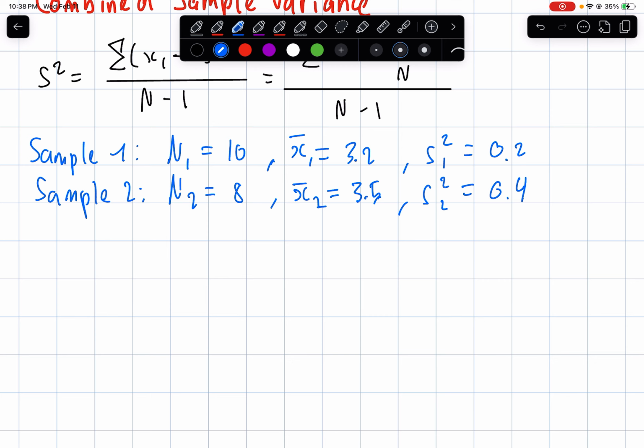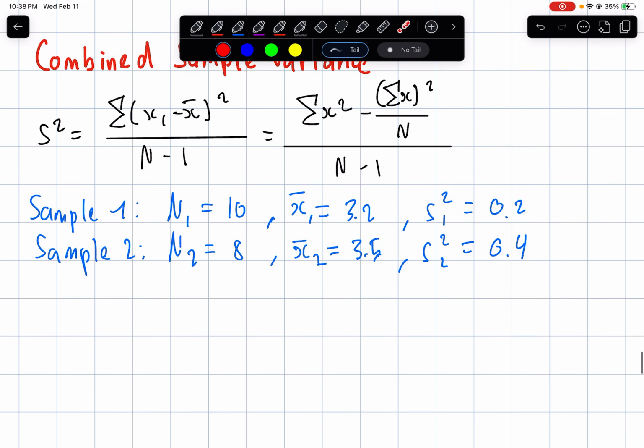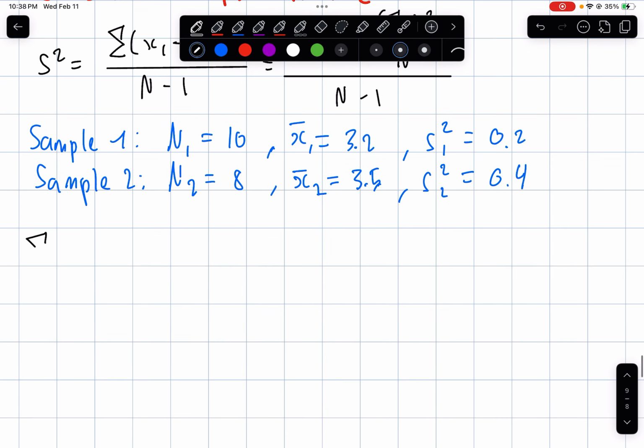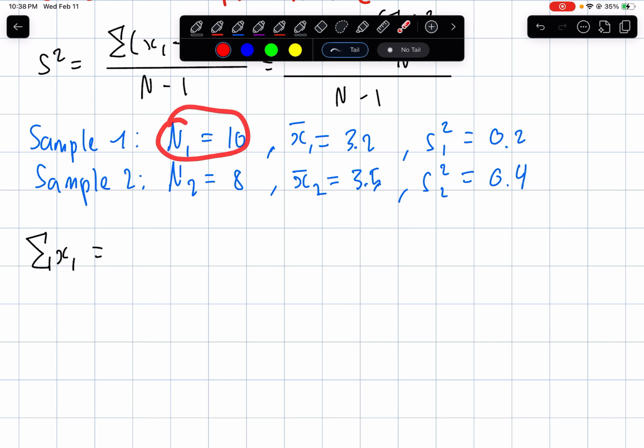Now the first step we need to do is establish the sum of x. It's the easiest one to do. Let's do x1 first. Really all you need is the number of elements times the mean.